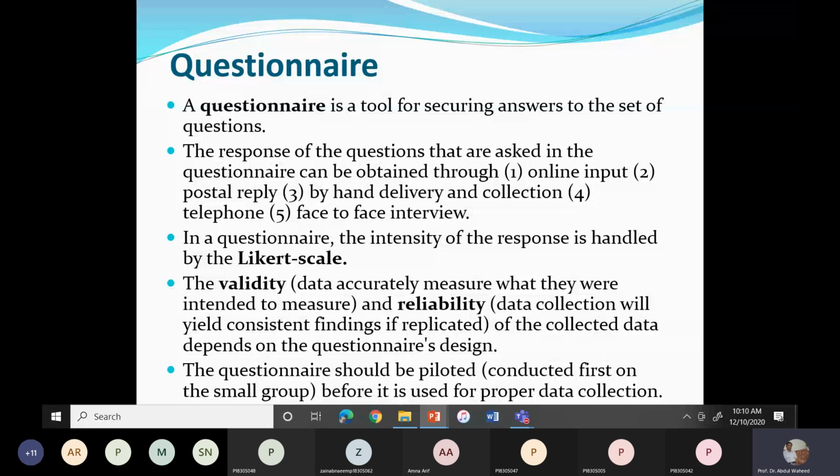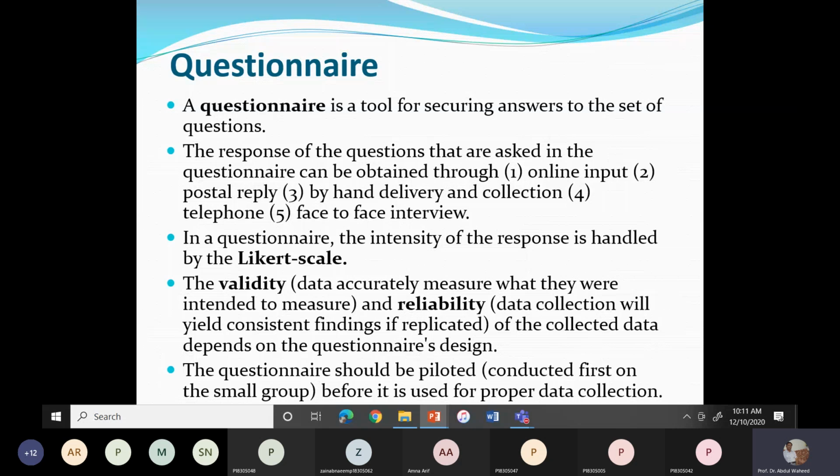With these 10 responses, you will be able to know what the drawbacks of your questionnaire are, where there are mistakes, and then you can correct them and get data from the rest of the people after modifying your questionnaire.